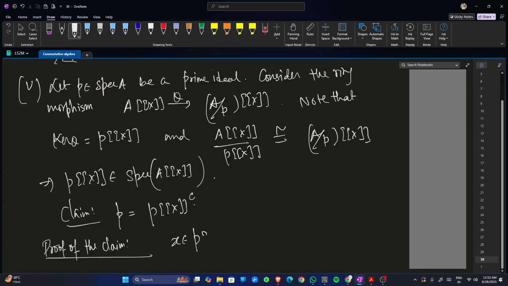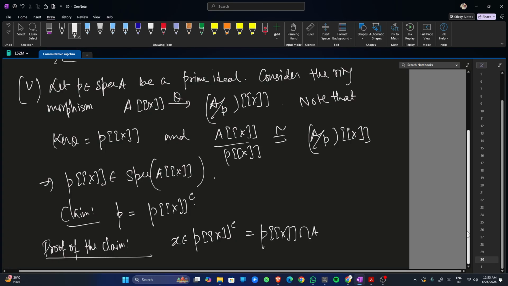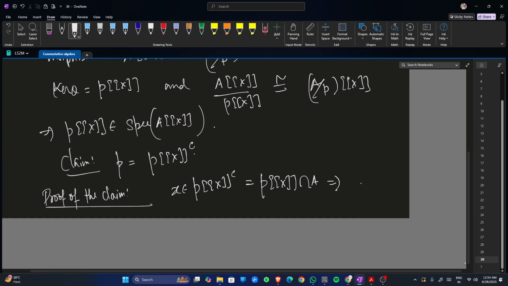Take an x from the contracted ideal. This means it is the same as P[[X]] intersection A. This implies x is in P.